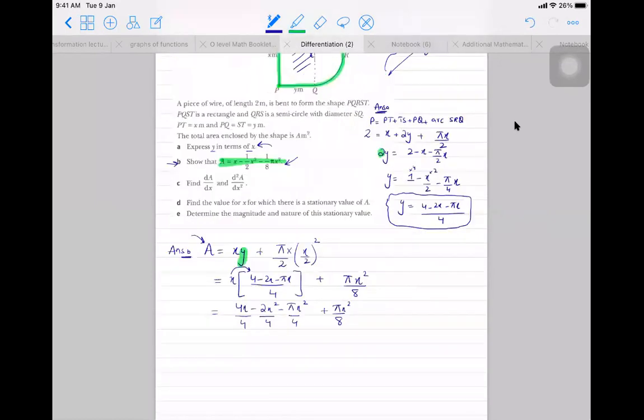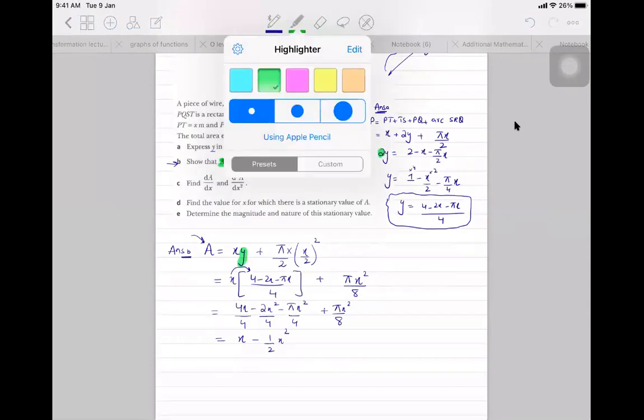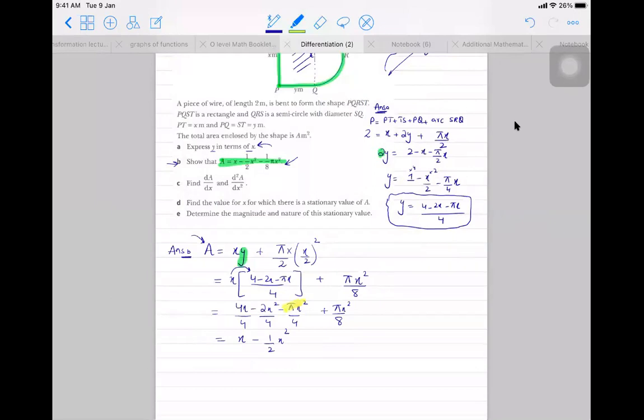So this is x minus 1 upon 2 x square. Now you can solve this part. Minus pi upon 4 plus pi by 8. What value will it give you? Minus pi upon 4 plus pi upon 8.